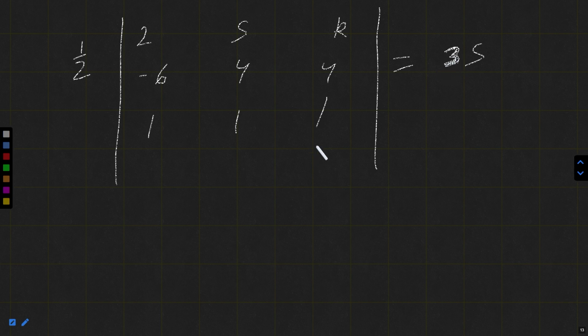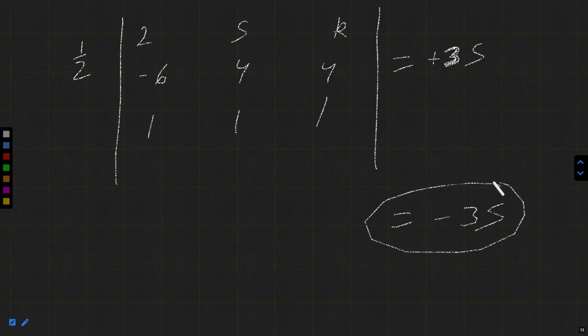You all know that this determinant can be positive or negative. So one possibility is 35 and another possibility will be minus 35. I did this partially.